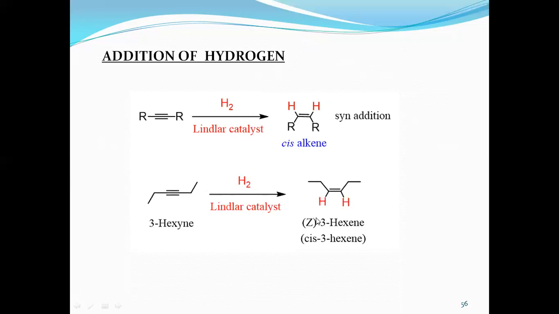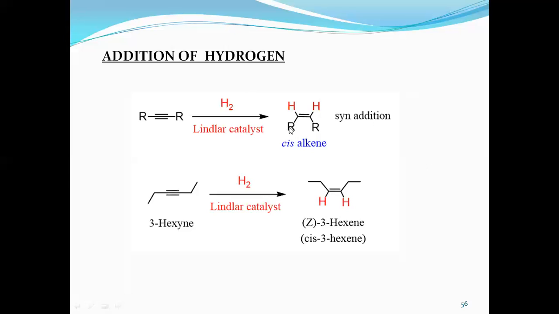This reaction we have already discussed when we were discussing alkene preparation. So using Lindlar catalyst and hydrogen, alkyne will produce cis-alkene, and here the addition is syn addition, and it will not be further reduced to any alkane.